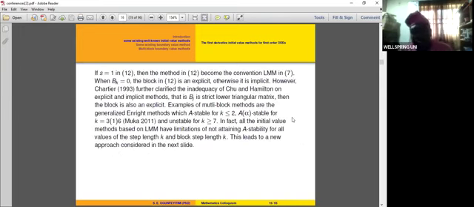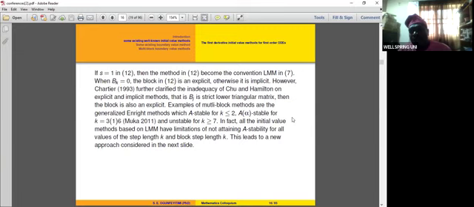Also, Chartier in 1993 further clarified the inadequacy of Chu and Hamilton on explicit and implicit methods. That is to say, Chartier informed in his article that the Chu and Hamilton work is not implicit in nature, that it is explicit in nature.